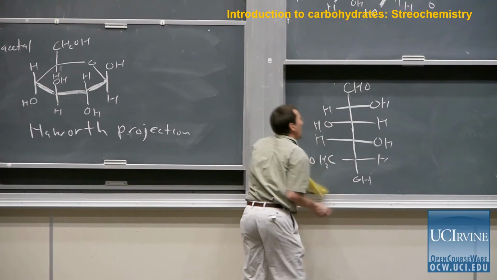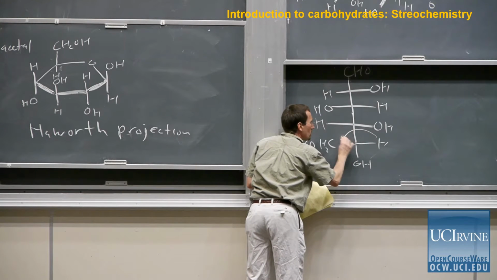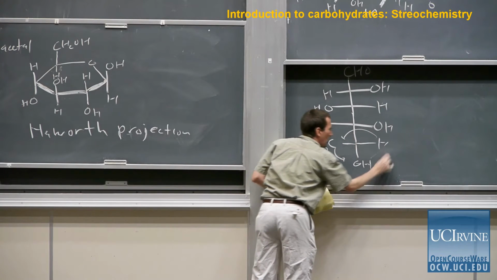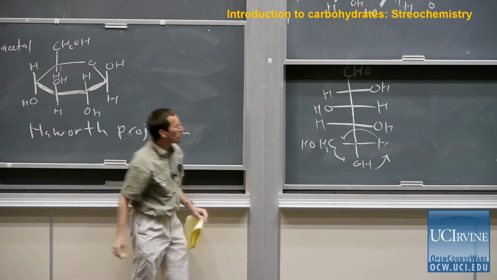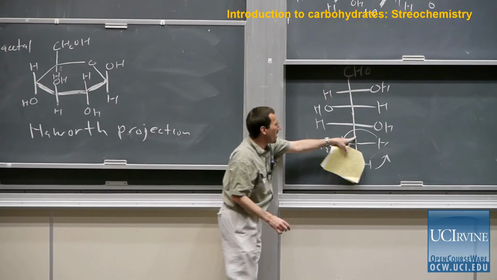You can just imagine that you rotate about this bond. So you rotate like so, like so, like so. You move those 3 atoms all in a circle. You're rotating about this bond.